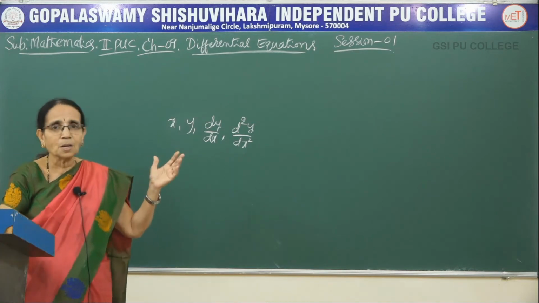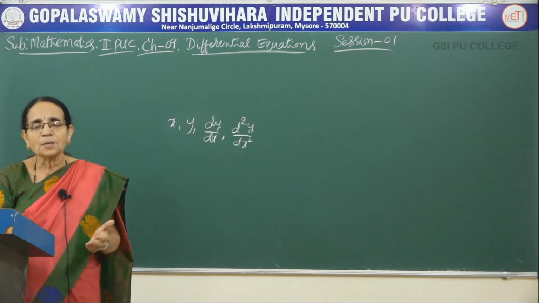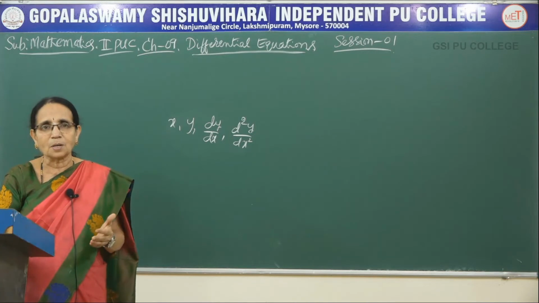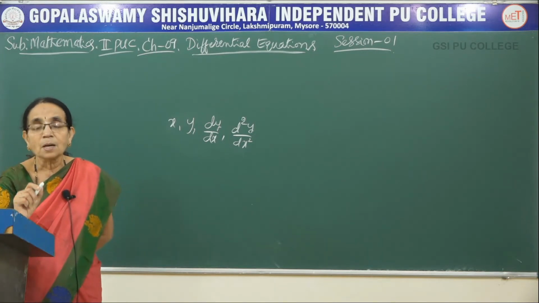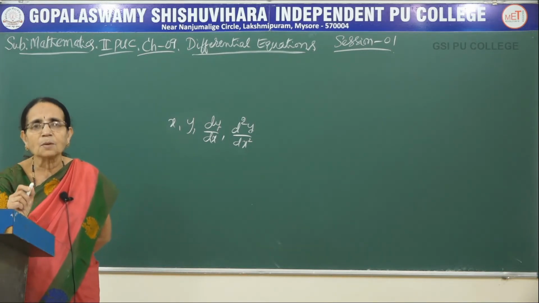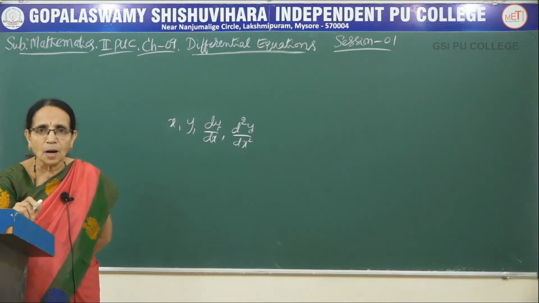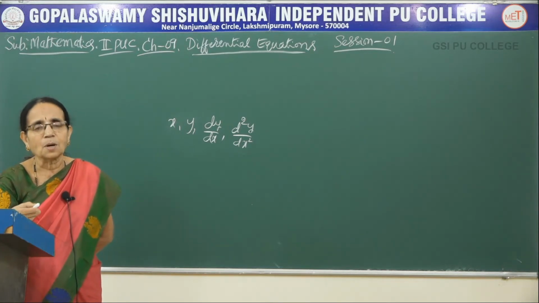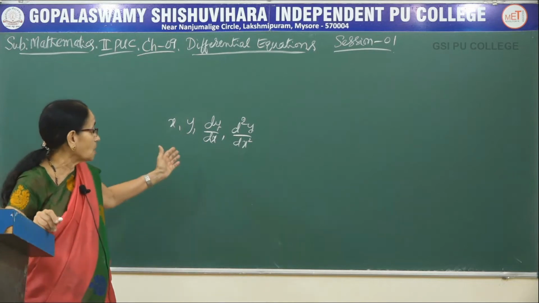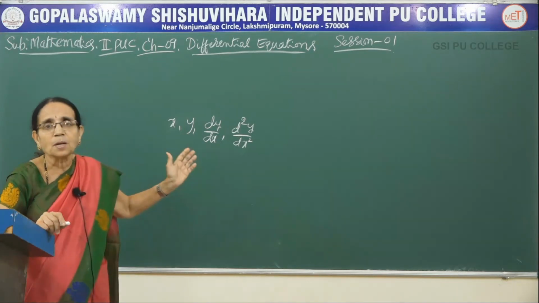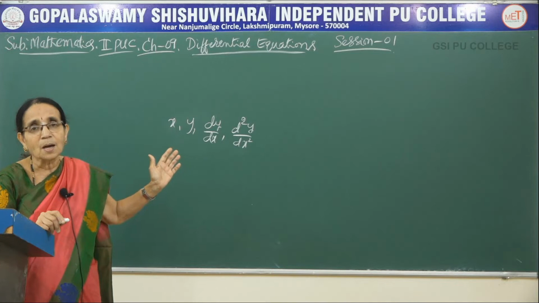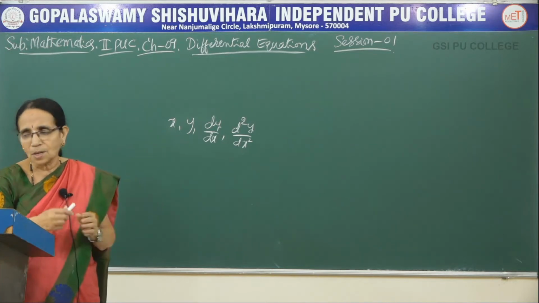See, in the examination it won't be asked to define a differential equation, you should know the meaning of that one. So an equation which involves the variables x, y and the derivatives of y, or you can write it as y, y dash, y double dash, y triple dash, etc., is called a differential equation.